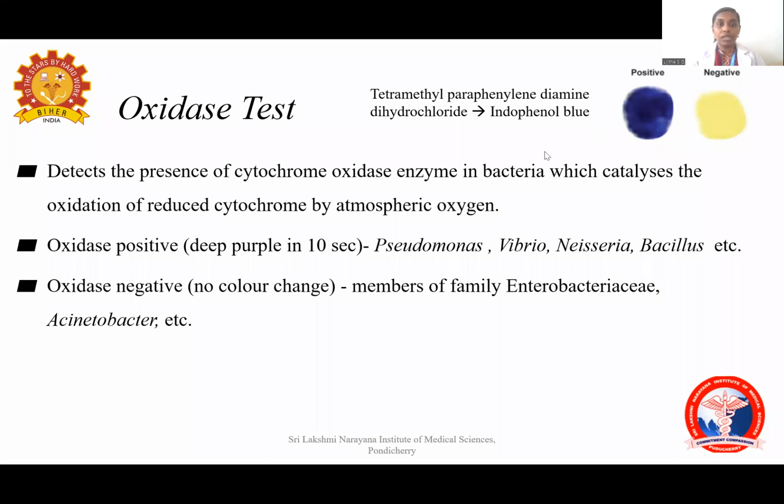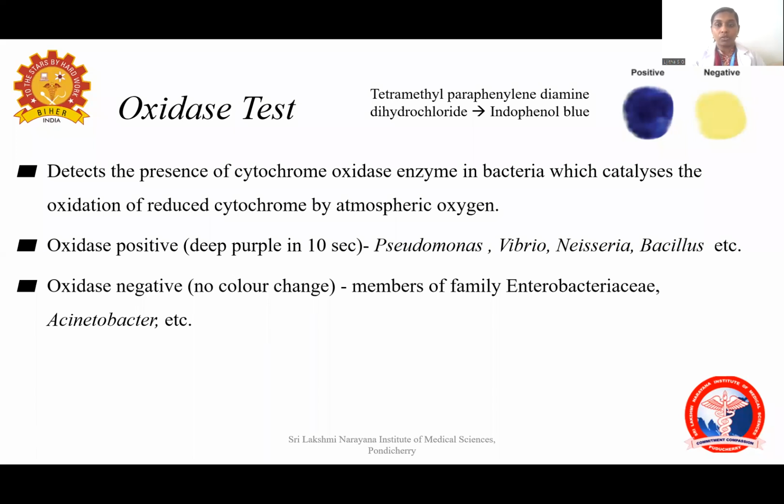Nowadays, commercially the oxidase reagent is impregnated onto filter paper, dried, and available in bottles. Otherwise, you can take a filter paper and use a freshly prepared oxidase reagent. It will be available in powder form. You can prepare it by diluting with water and use this freshly prepared oxidase reagent.